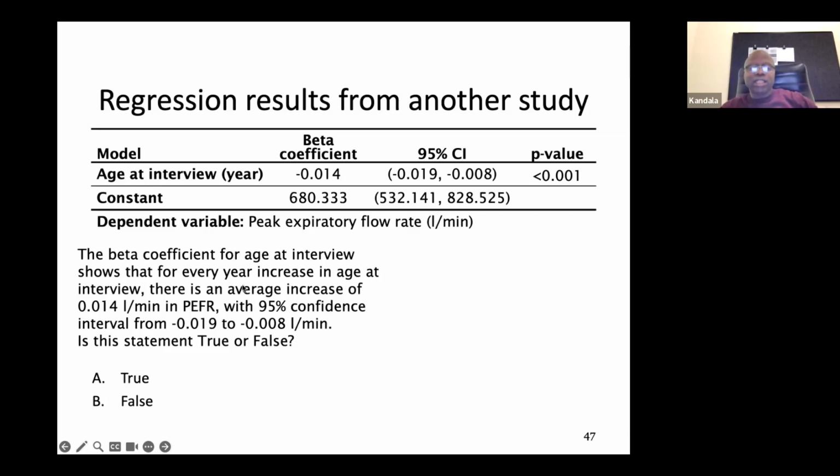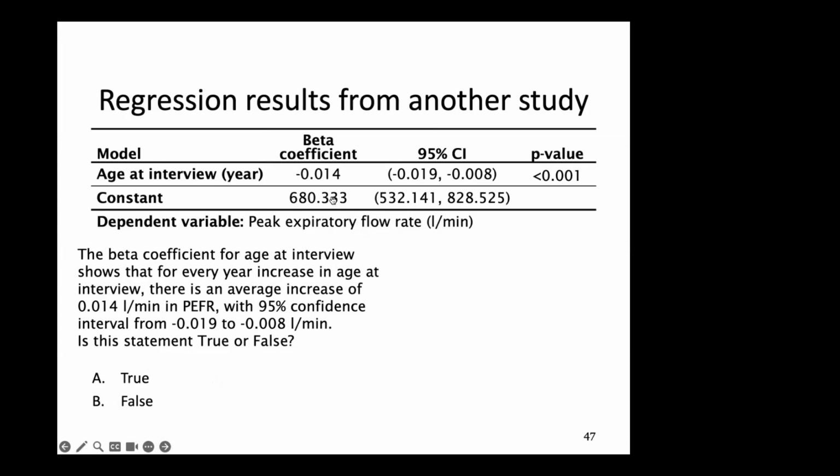But in any report, you should make sure it's not every 2 years or every year or something; it should be one year increase if the unit of measurement is 1 year. I hope this is clear. Yes, it is clear. Yes, sir.